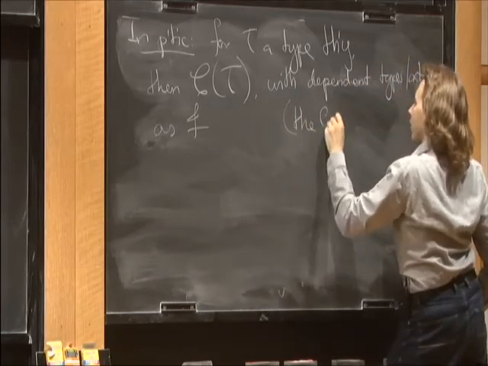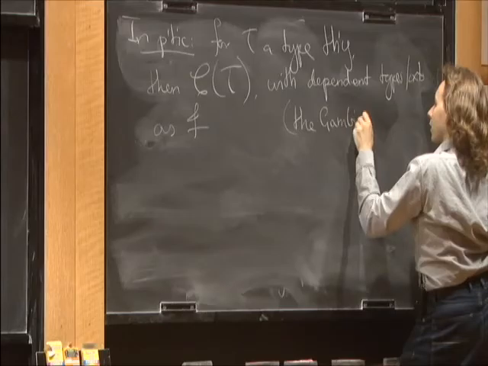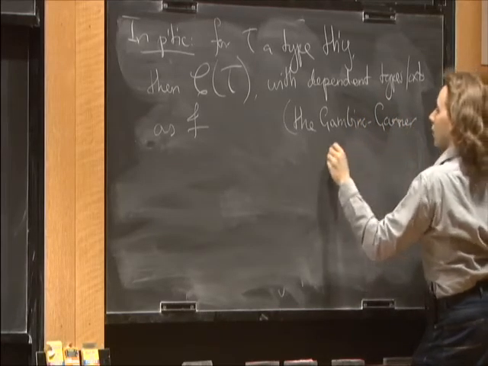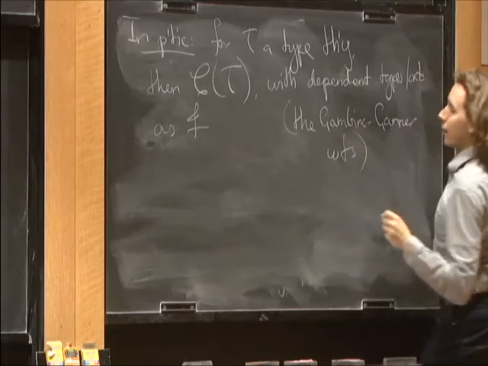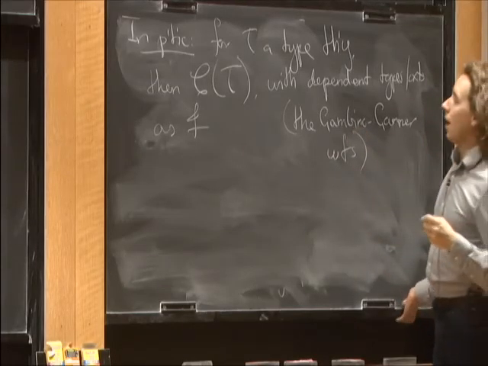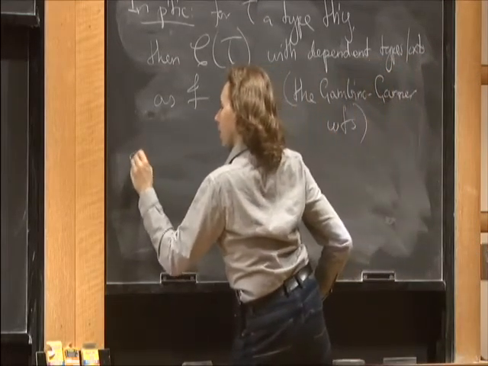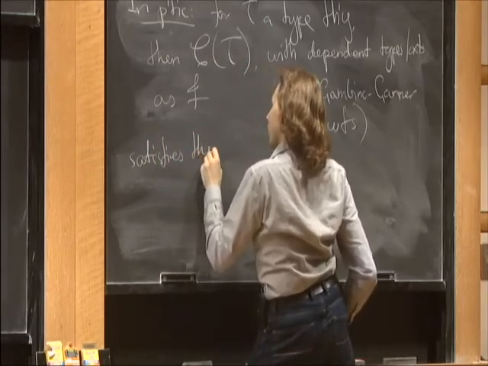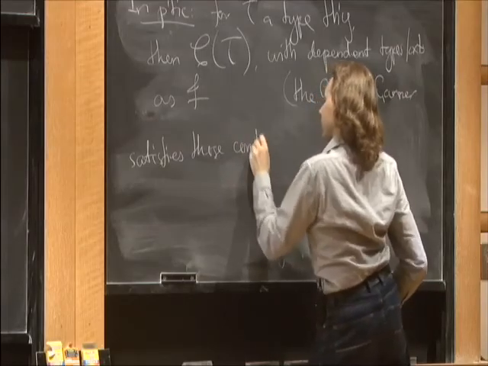So this is a Gambino-Garner weak factorization system on the type theory. This satisfies those conditions.